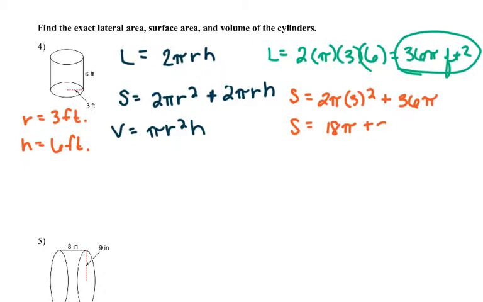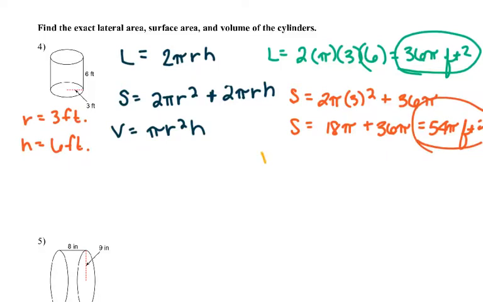And 18 pi plus 36 pi is 54 pi, and that's also in square feet.